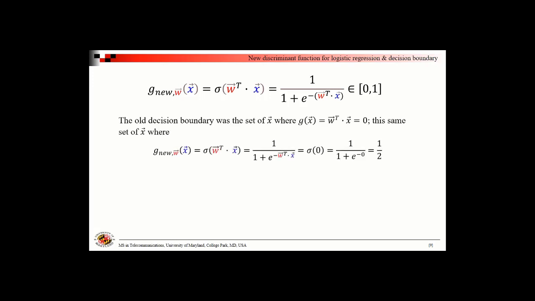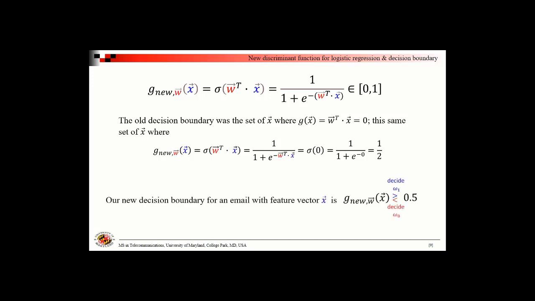The old decision boundary was set where W transpose X was equal to 0. Well, we're going to do the same thing here. The new discriminant function, which is the sigmoid function evaluated at W transpose X, is where the sigmoid is evaluated at 0. And we know that that's 1 over 1 plus e to the minus 0, which is 1/2.